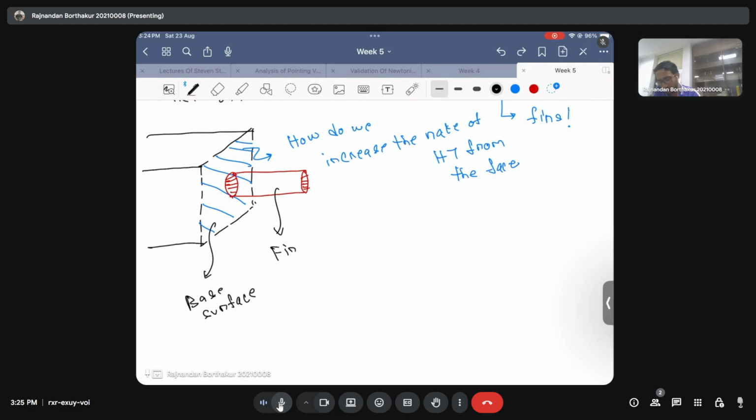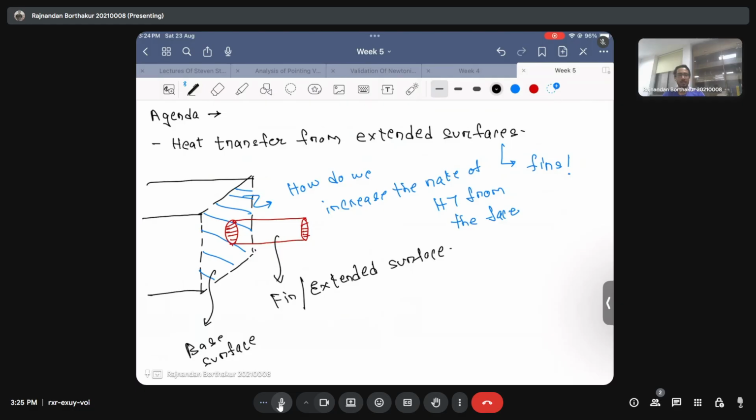Since there is one fin, we'll call it a fin, and as the name suggests, this is also sometimes called an extended surface, because it is extended from the base surface. The objective of using a fin is to maximize the rate of heat transfer from the base surface.